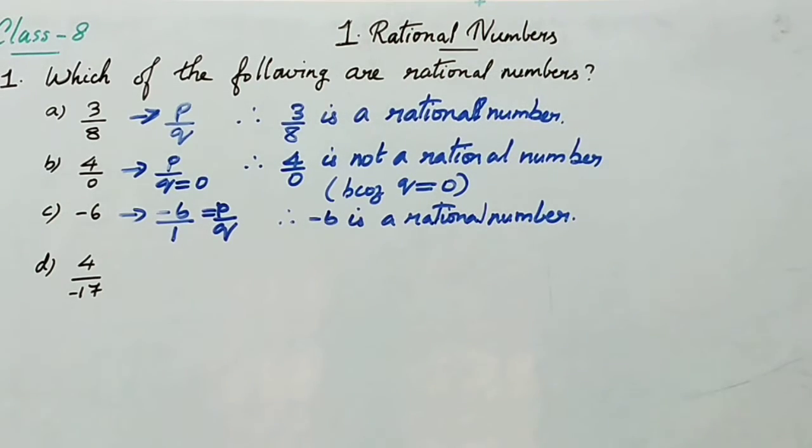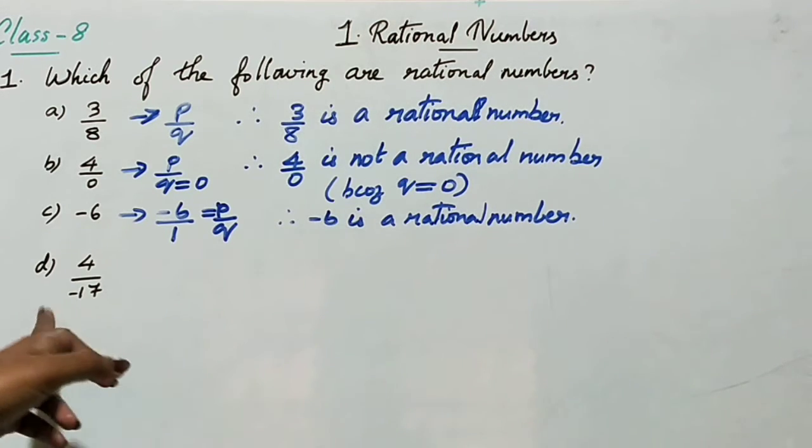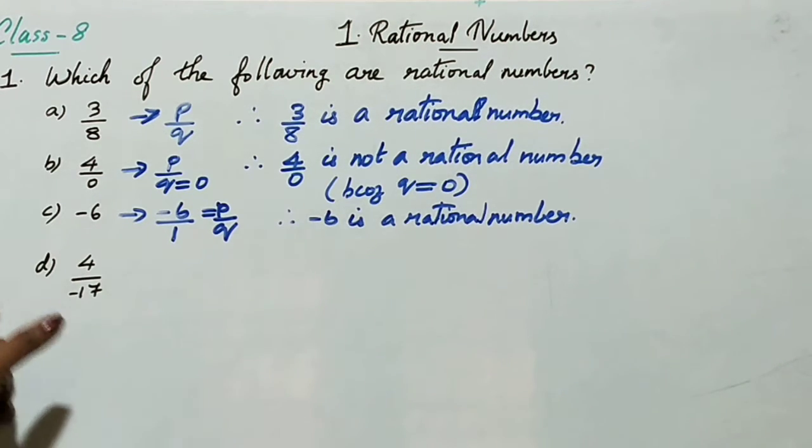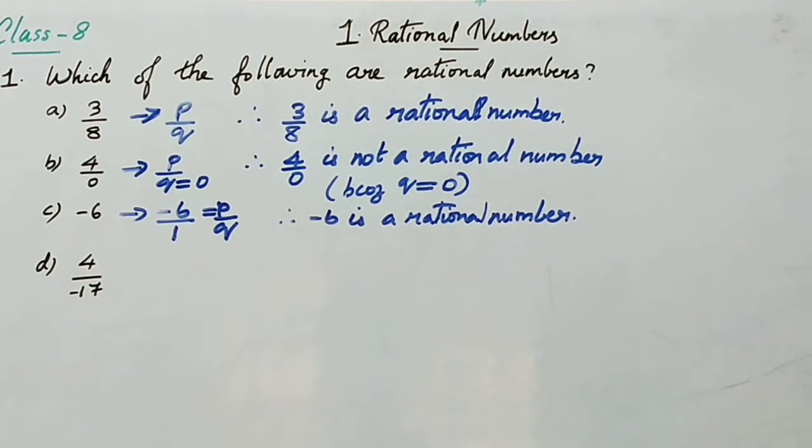Now, the next question. 4 by minus 17. Here, I have a negative integer in the denominator. Can it be a rational number? Yes, it can.